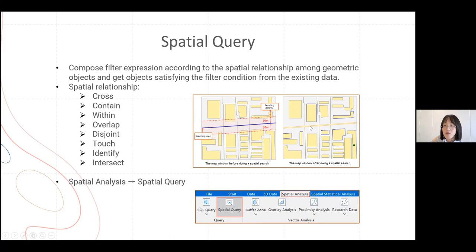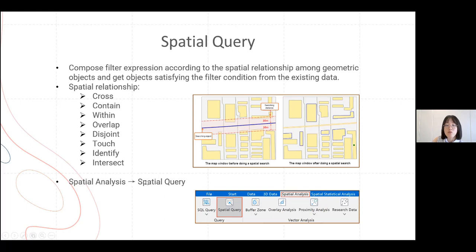And those are the buildings that are within 30 meters to the road in the center. And so that's what spatial query does. And when we're using this kind of tool, here are eight spatial relationships we can use for query, and here's a list of them.